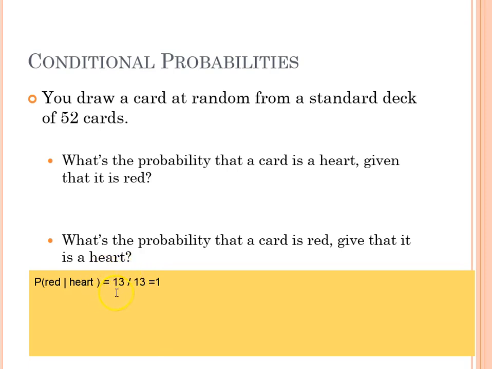And in the numerator goes all the red hearts. And so there are 13 red hearts, and so the probability ends up being exactly 1. So the key to these problems is that when it says given that, that's what you're going to be putting in the denominator, those possible outcomes. And the probability that the card is red, that's going to go in the top.